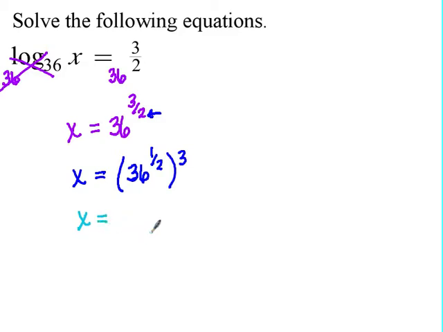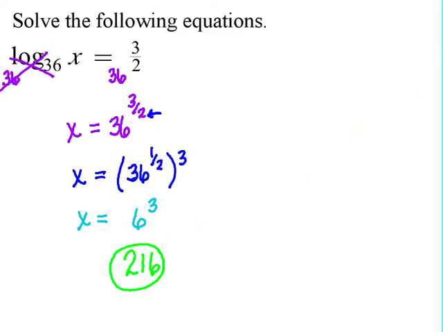Because the 1/2 power is nothing more than the square root, right? That's what the 1/2 power is. So what is the square root of 36? 6. So then I'm left with 6 cubed. 6 times 6 times 6 is 216.